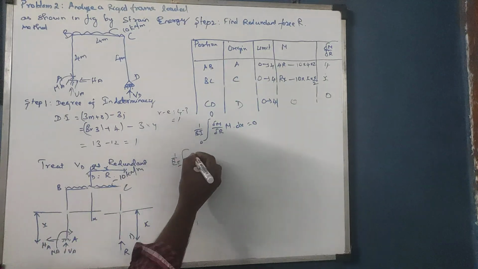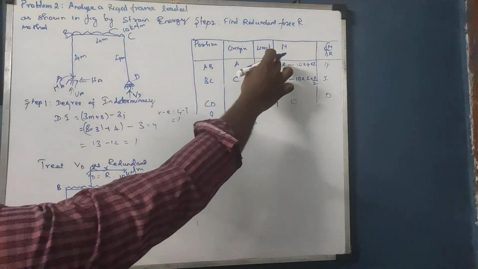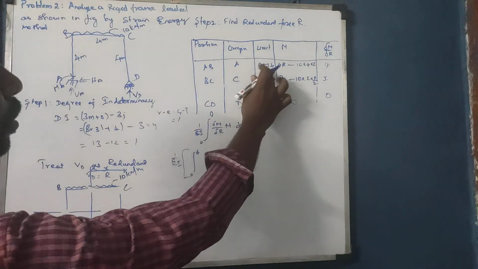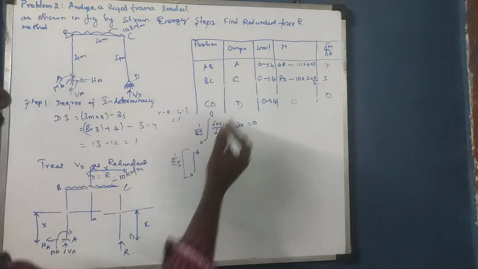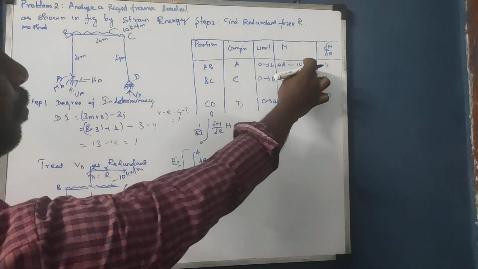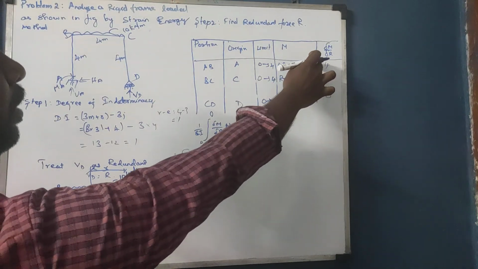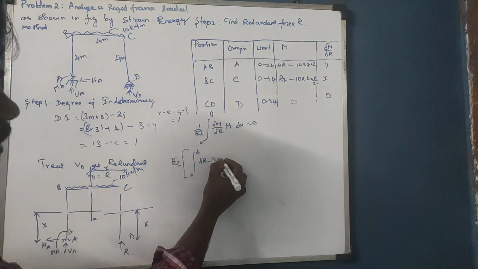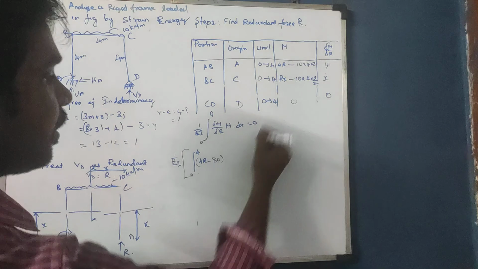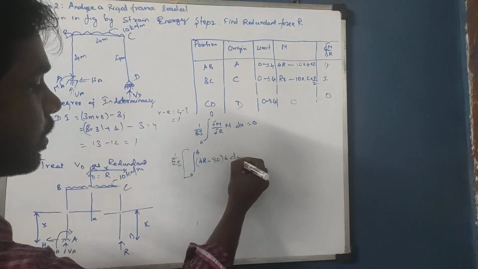The limit is 0 to 4, and M equal to 4R minus 10 into 4 into 2, it is 80, and dou M by dou R is 4, dx.